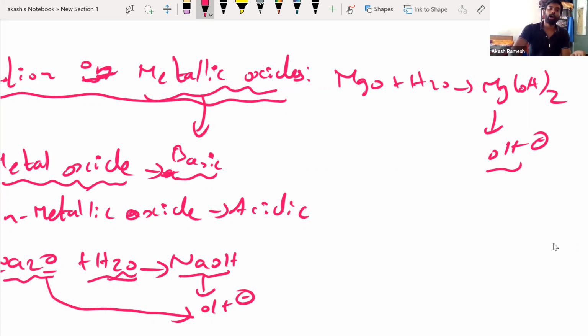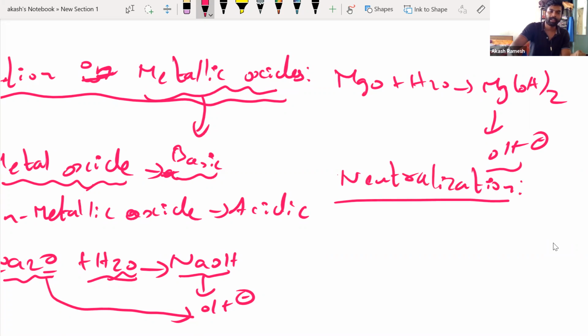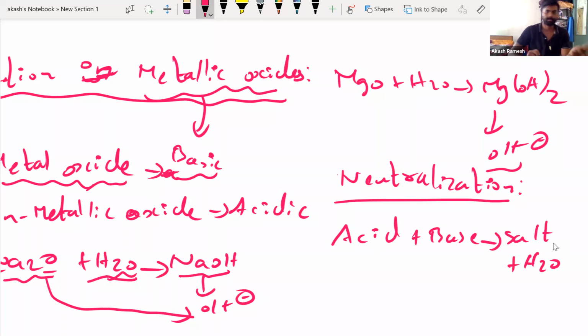Another way of proving it: we have something called a neutralization reaction. I think they must have taught you in school. Acid plus base forms a salt plus water. This is the normal neutralization reaction between an acid and a base.